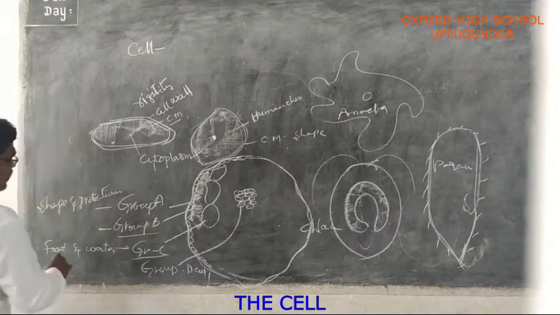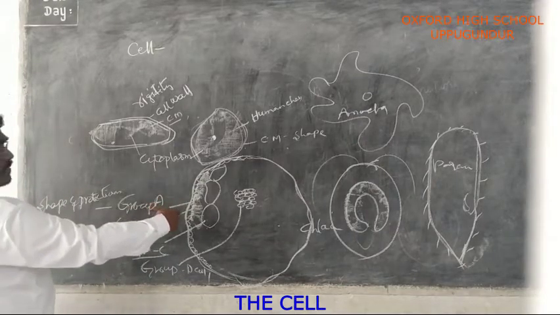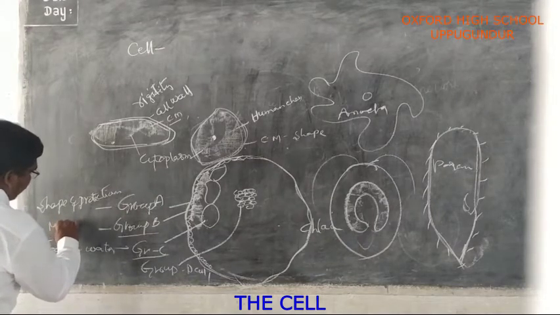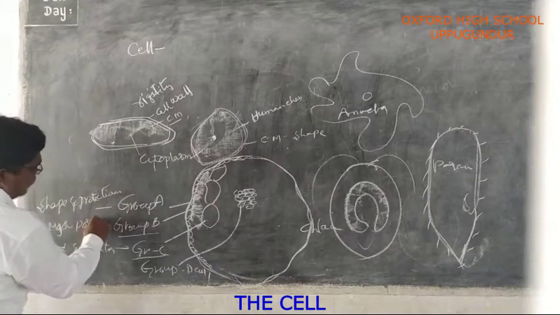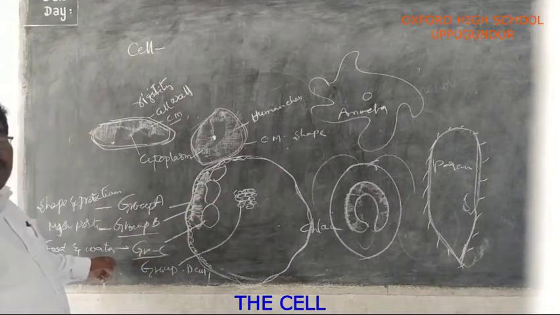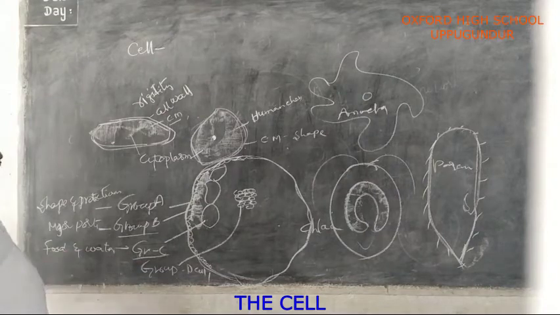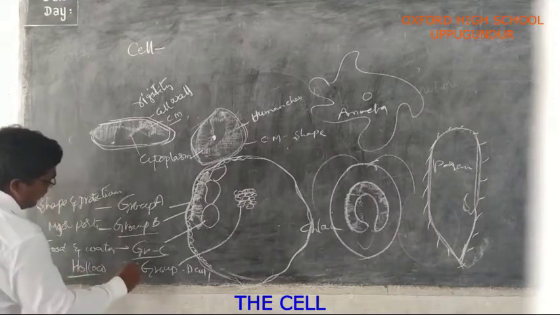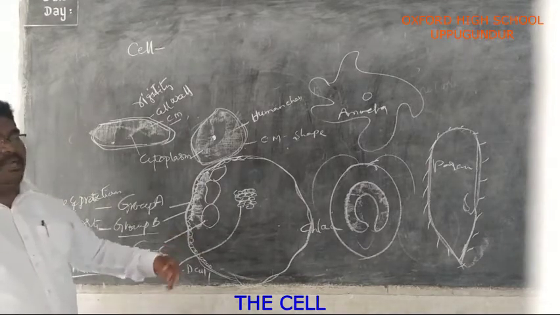What will be the function of group B cells? Major portion of the stem. Group D cells form the hollow structure, the complete structure of the stem.